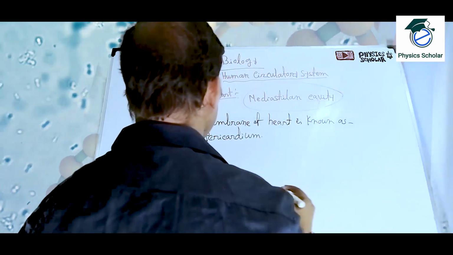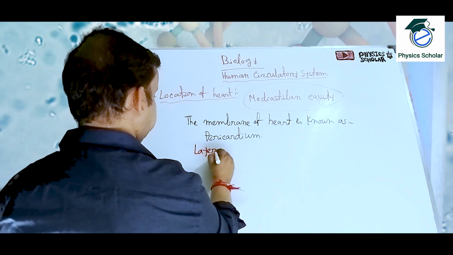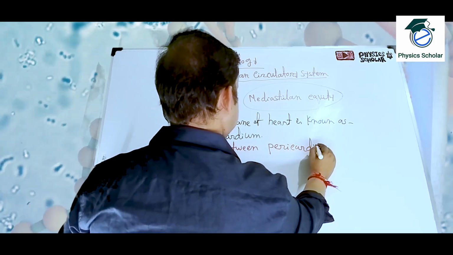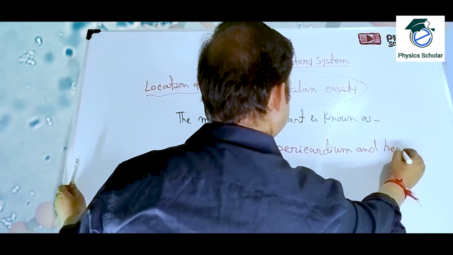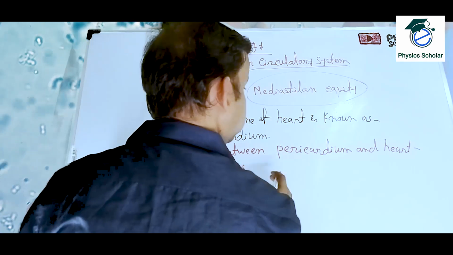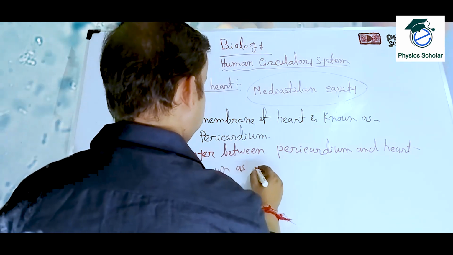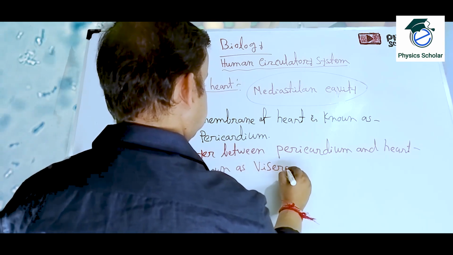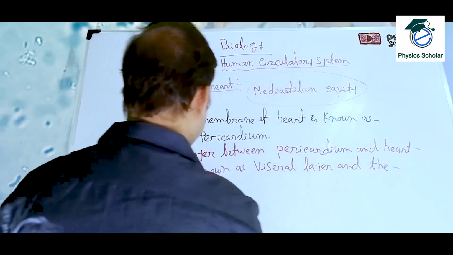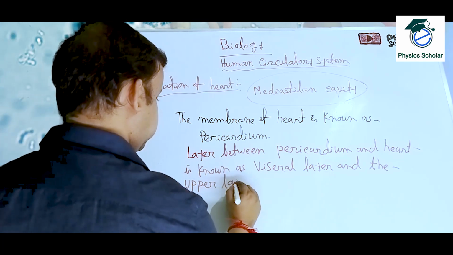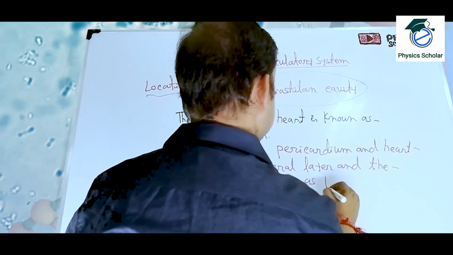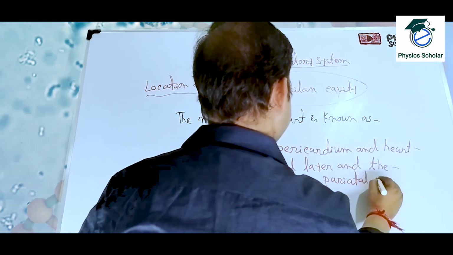Clear? So the layer between pericardium and heart is known as the visceral layer, and the upper layer is known as the parietal layer.